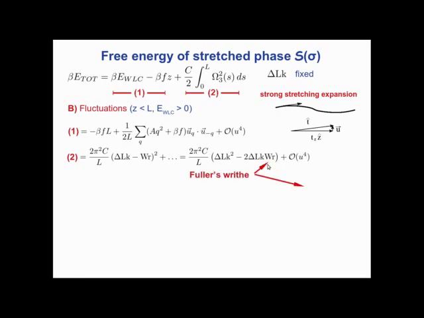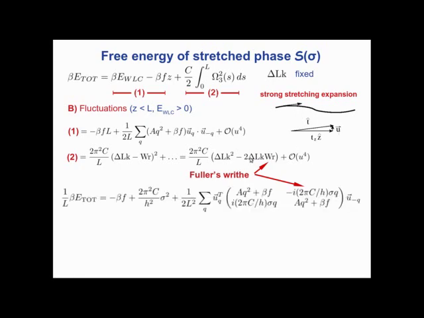So what I have here is a linear term in the writhe. I can actually, using this strong stretching expansion, express this writhe in terms of the small variable u, in a simple exercise.